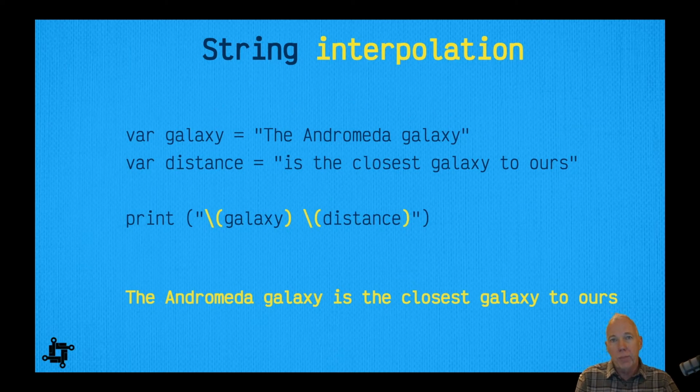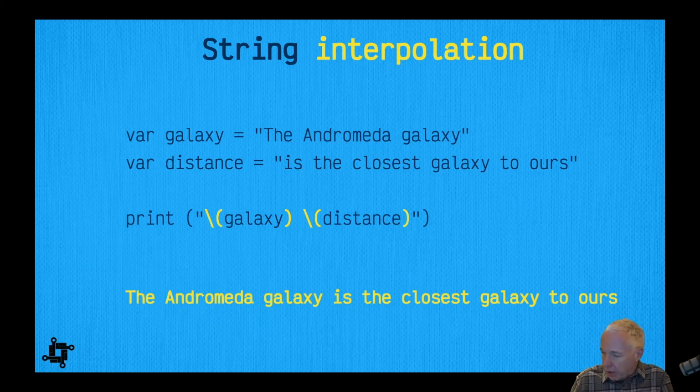Now with string interpolation, what it allows us to do is to create a string of whatever characters we want, but in the middle of that string at the right spot, we can actually include a variable from our code, and it will turn that into a string and put it in the string.